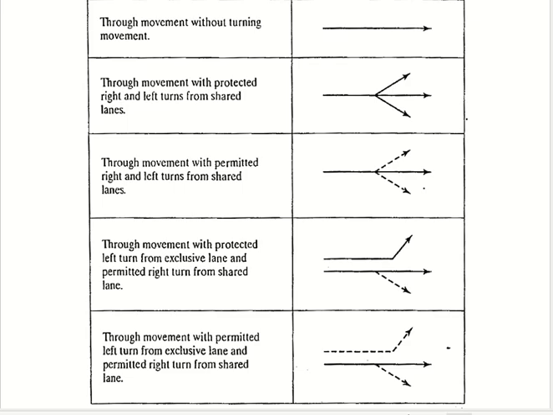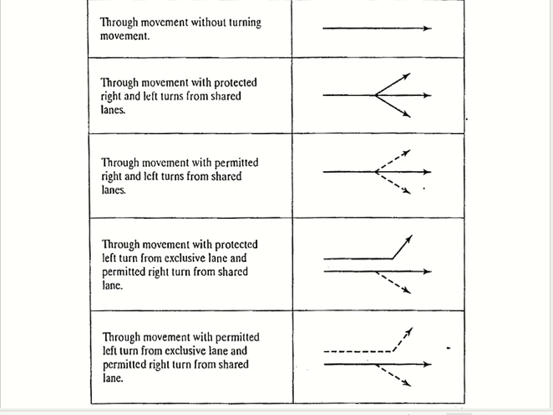Before we look at the diagrams, these are some of the legends, or notations, we use. You see the arrows showing the direction. The arrows can be from the same line, or they can be from different lines. Different lines mean different lanes. You call those lines as well, right? The road has 3 lines, 4 lines.